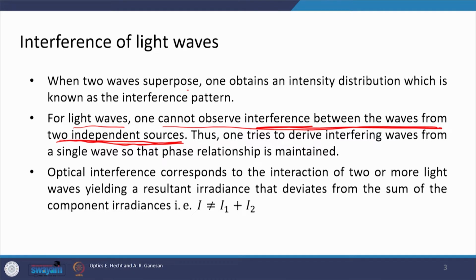But to observe sustained interference fringes, we require waves which are coherent and which have almost the same frequencies, and the amplitudes are almost equal. These are the conditions which are given because we want to observe beautiful fringes, because we want to observe sustained interference fringes.